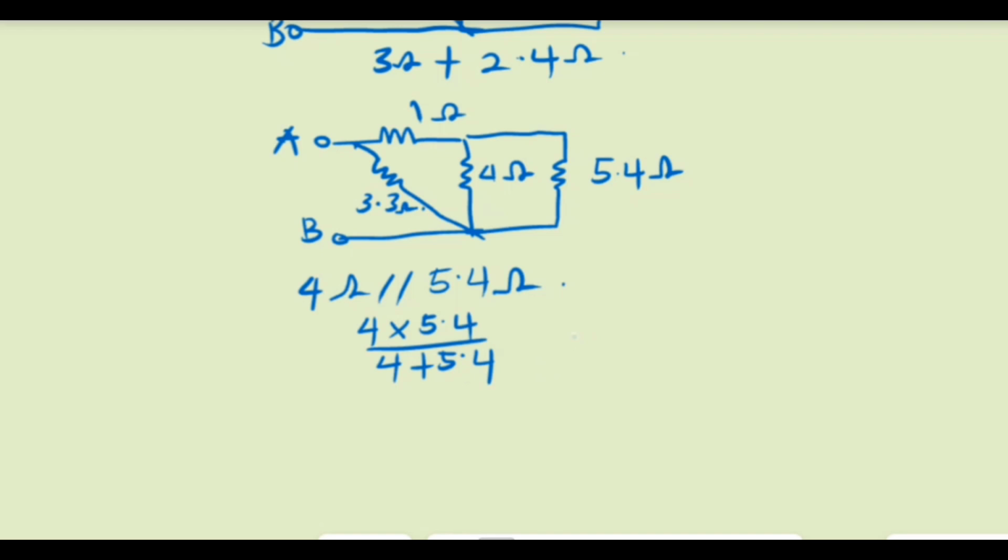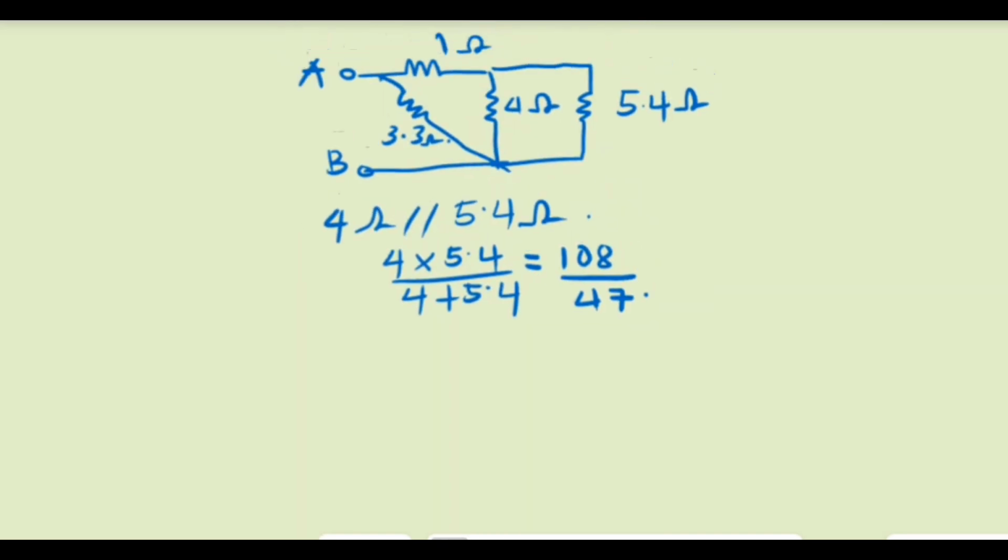So what will be the answer for this part? 4 times 5.4 over 4 plus 5.4 is giving us 108 over 47. So once you get this, then we move on.